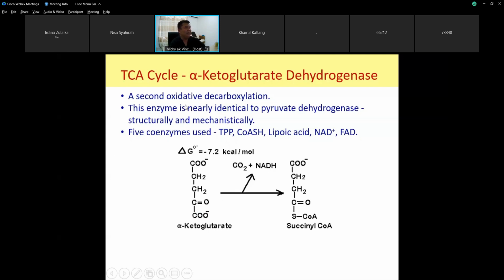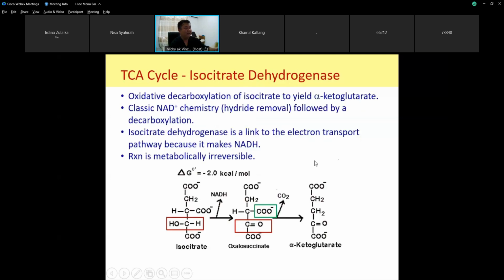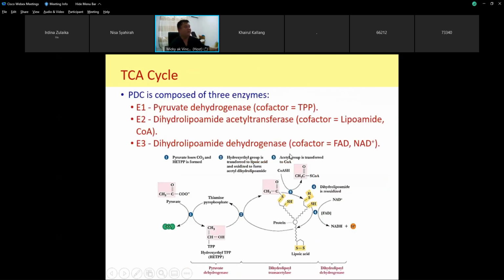So this is a second oxidative decarboxylation, followed by the previous one. There are 5 cofactors used at this point: TPP, CoA, lipoic acid, NAD+, FAD, which is basically the same as this one, the same as pyruvate producing acetyl CoA.